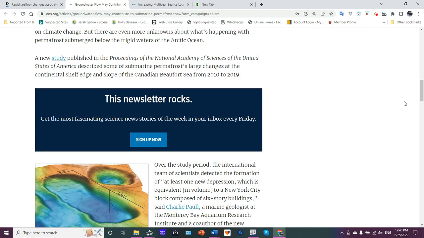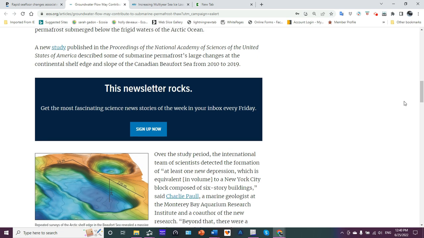A new study published in Proceedings of the National Academy of Sciences of the USA describes some submarine permafrost large changes at the continental shelf edge and slope of the Canadian Beaufort Sea from 2010 to 2019, basically a 10-year period.